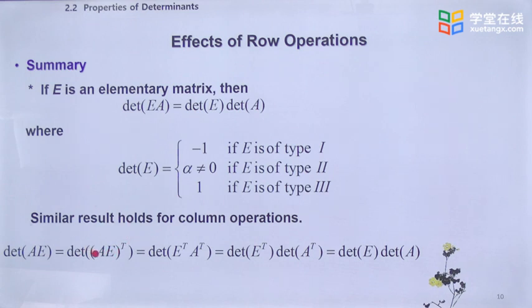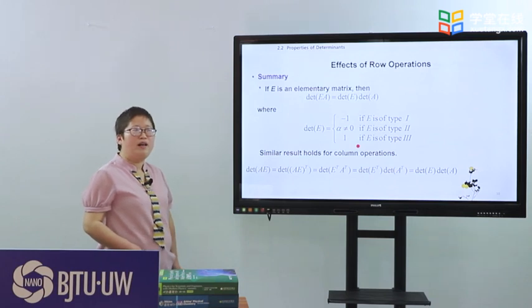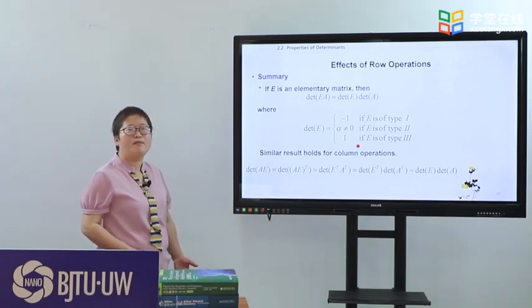And by the rule for computing (AE) transpose, which we learned before, it equals E transpose times A transpose. E transpose is again an elementary matrix, since for any type of elementary matrix, its transpose is also an elementary matrix.